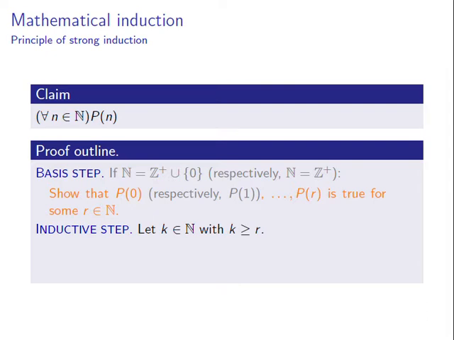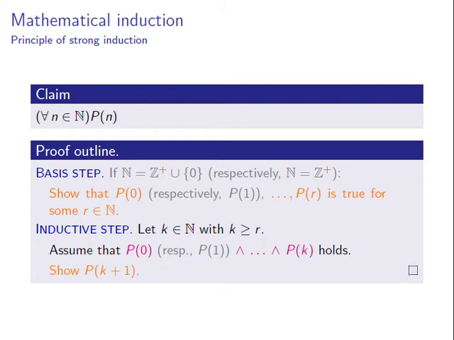For the inductive step, we let k be an arbitrary natural number greater than or equal to r, and assume that P holds for all natural numbers from the first natural number to the natural number k. This is our induction hypothesis. Our goal is to show that P holds for the natural number k plus 1 using the conditions in the induction hypothesis.